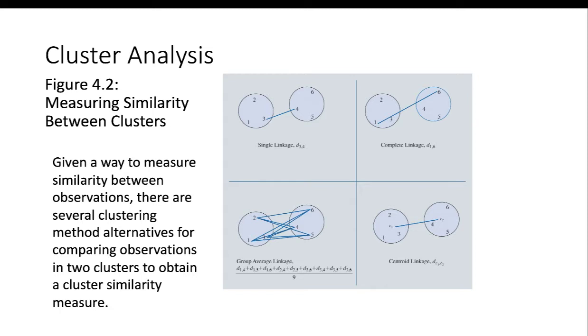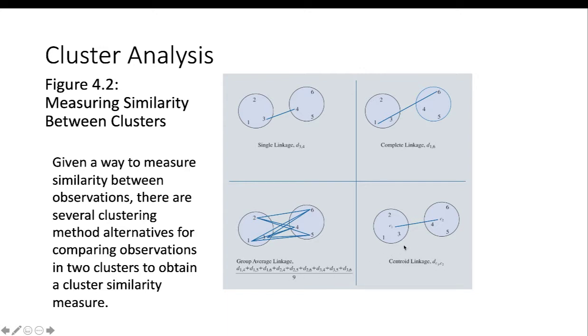If cluster 1 consists of n1 observations and cluster 2 consists of n2 observations, the similarity between the two clusters would be the average of similarity measures. This method produces clusters that are less dominated by the similarity between a single pair of observations.